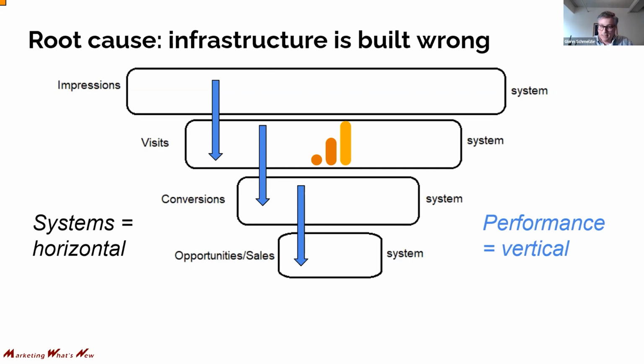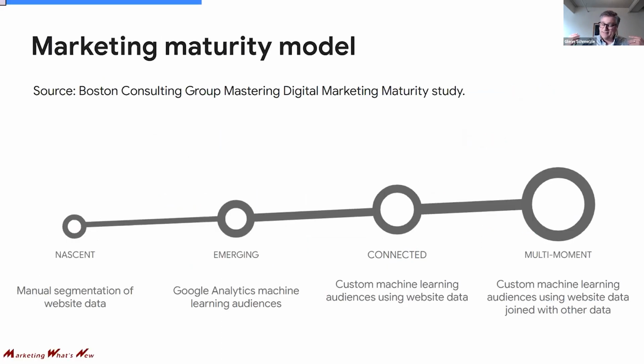We need to keep in mind that the folks who made Google Analytics 4 are working to basically make marketing go much farther than before. And they commissioned the Boston Consulting Group to do a study. Boston Consulting Group said, according to how marketing should be done, the tools should enable us to move from nascent use of analytics in our marketing to emerging use, to connected use, and to multi-moment use.